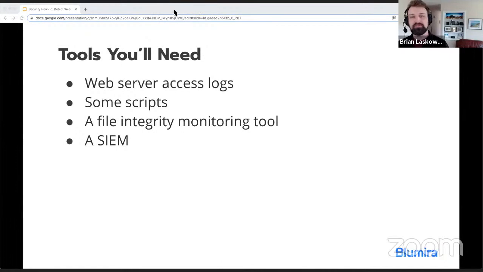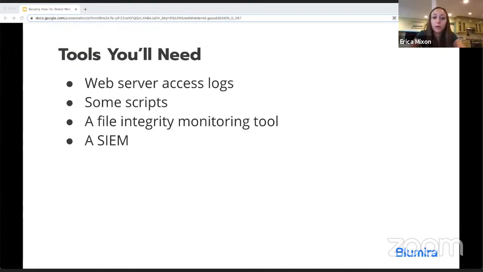So theoretically, it doesn't happen all the time, but some actors will go and remove, modify, or otherwise disable logging on that local system. So if you're not shipping your logs to another centralized data source, it is possible that you can lose that visibility that you would otherwise have.